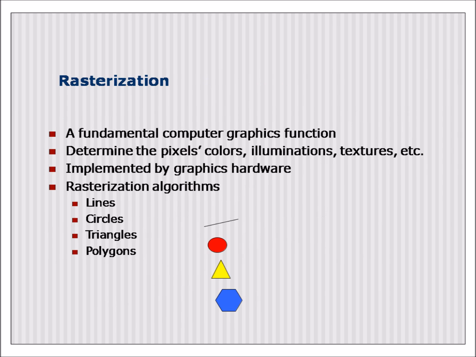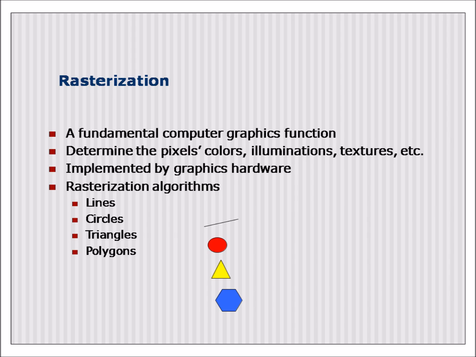Here are some important characteristics of rasterization. Number one, it is a fundamental computer graphics function. Number two, it is used to determine the pixel color, illumination, texture. Number three, it is implemented by the graphics hardware, that is the GPU, etc. And number four, rasterization algorithms are required to draw lines, circles, triangles, polygons.